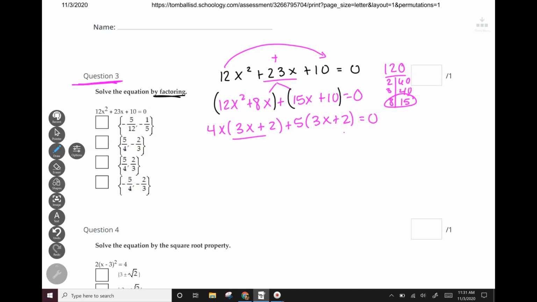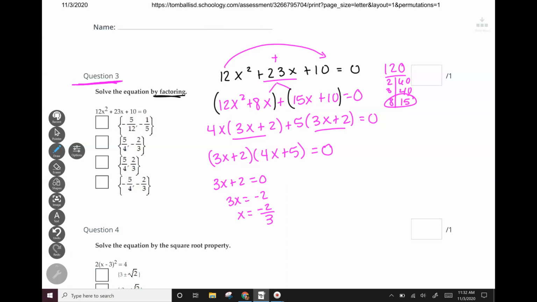Now notice you've got the matching binomials there, so that's going to be one of your factors, 3x plus 2. Factoring the 3x plus 2 out, I'm left with 4x plus 5. Okay, so now you can set each factor equal to 0 and solve for x. So 3x equals negative 2, divide by 3, negative 2/3.